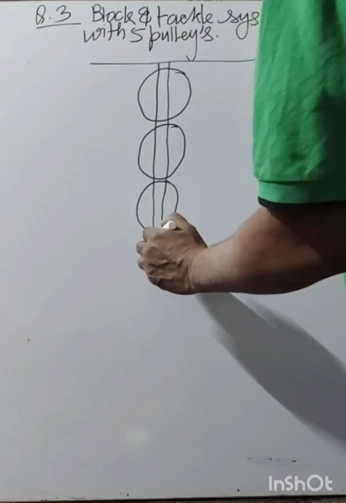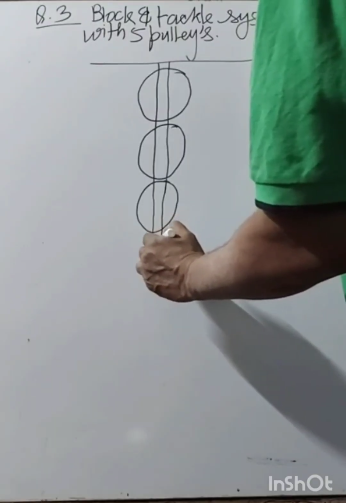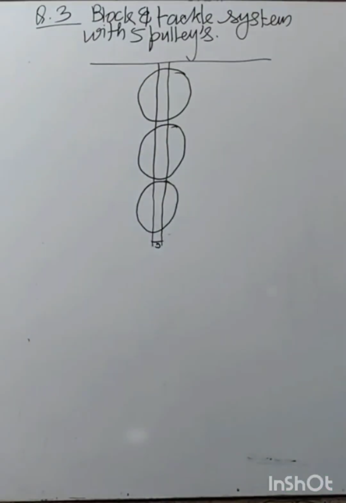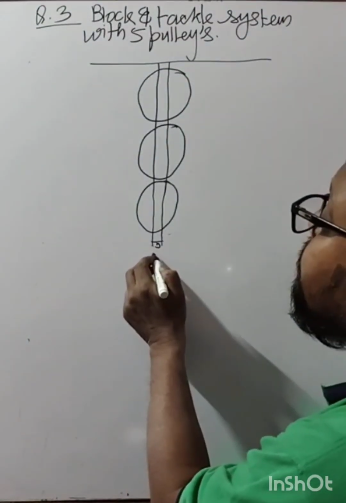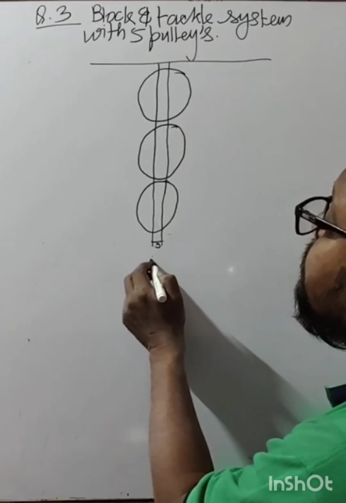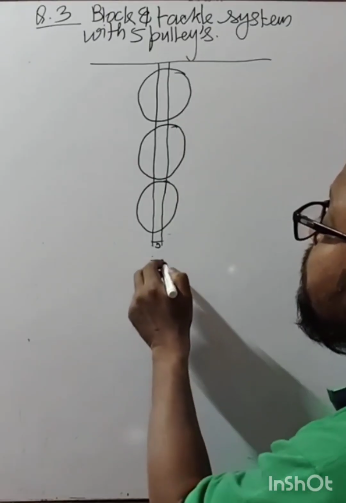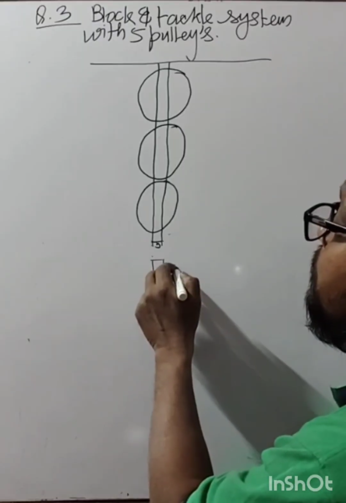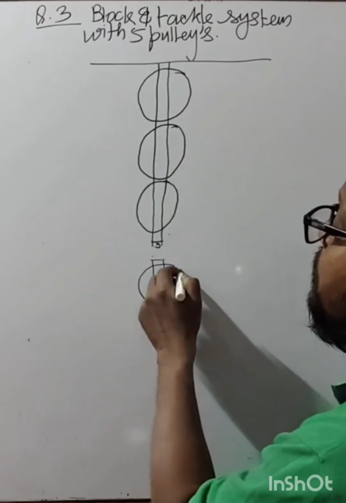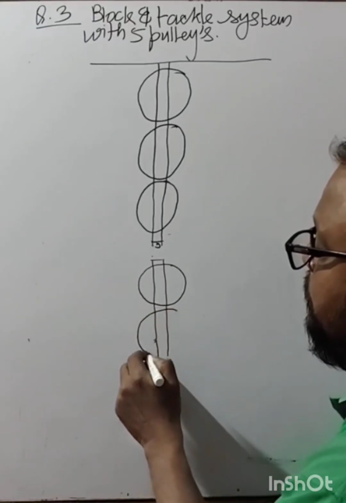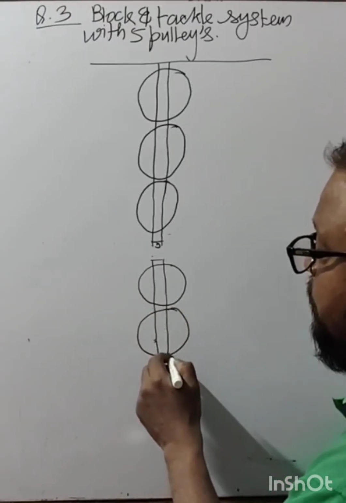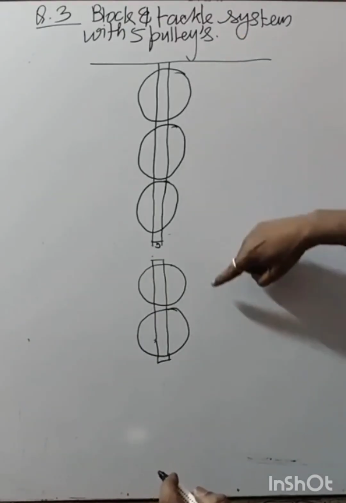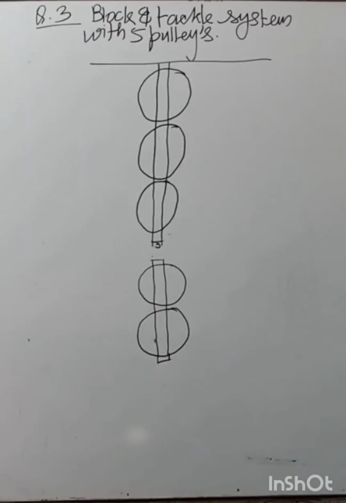Right here, there is a hook. Another we have two more. This is a 5 pulleys block and tackle system, right?